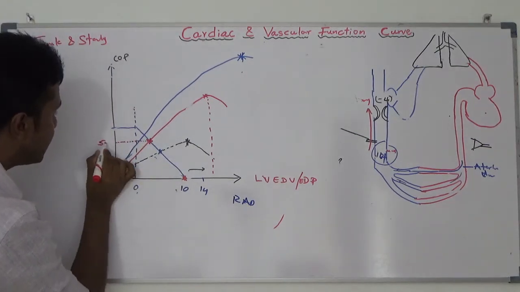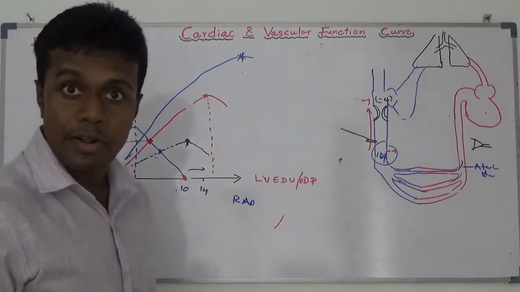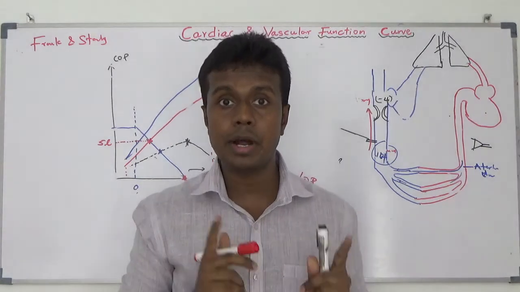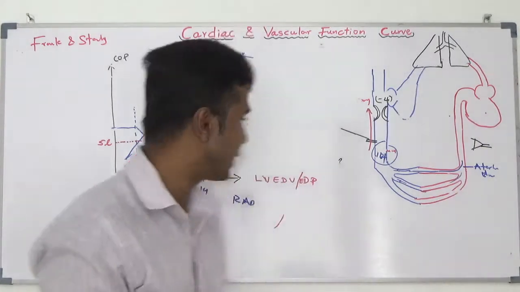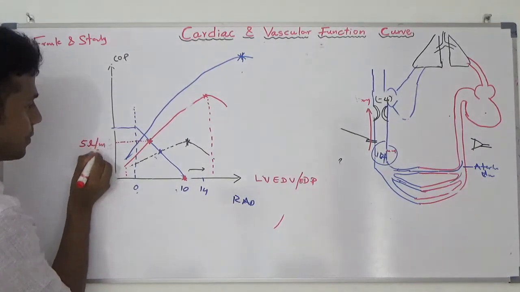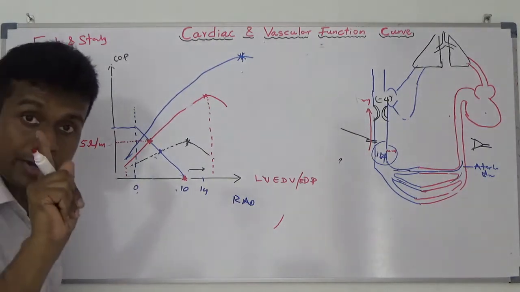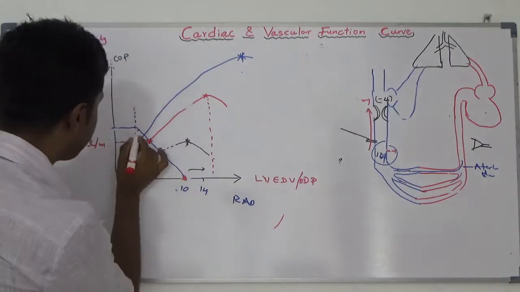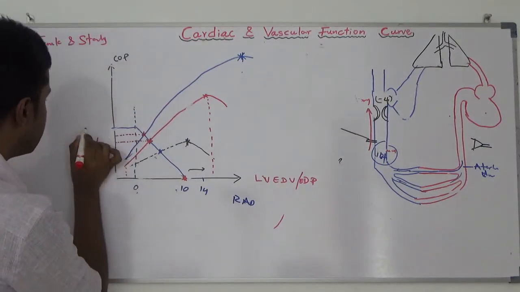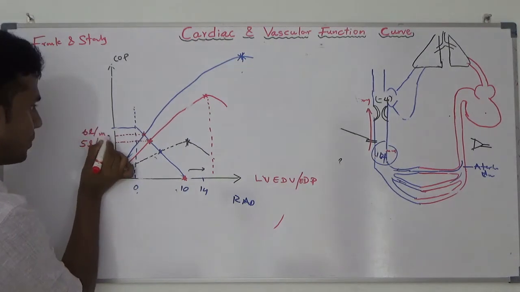If I am a healthy young adult of 70 kg, roughly my cardiac output is about 5 liters per minute. This is my cardiac output, 5 liters per minute. For the same venous return, my younger brother has this much cardiac output, roughly about 6 liters per minute.